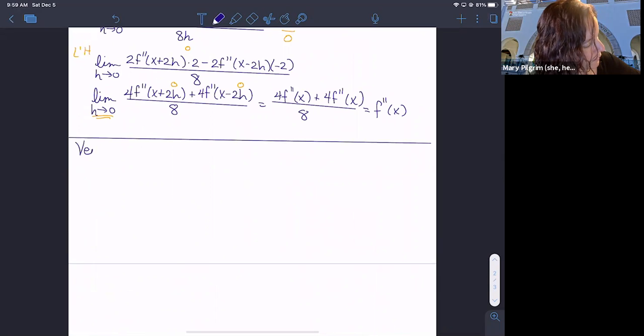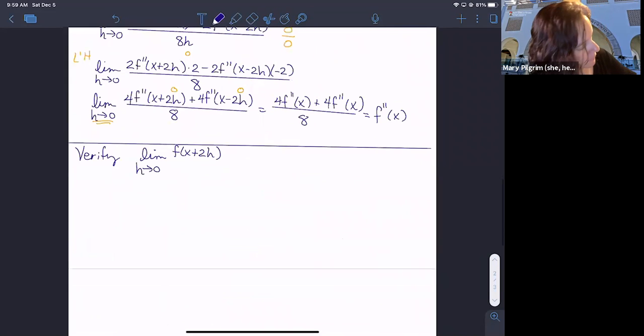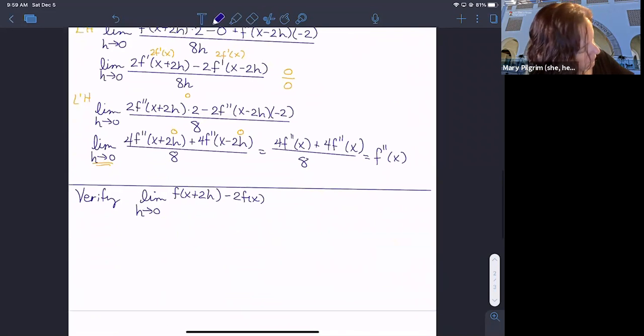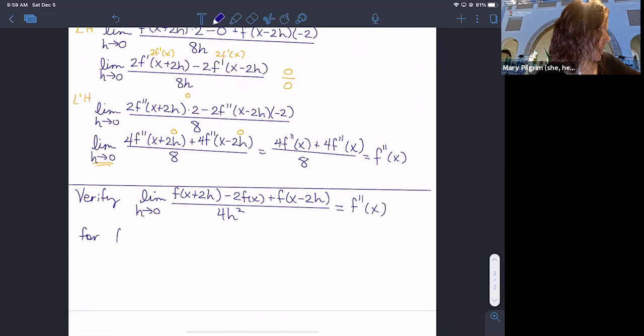We need to verify that the limit as h goes to 0 of f of x plus 2h minus 2f of x plus f of x minus 2h all over 4h squared is equal to f double prime of x for f of x equal to x squared.